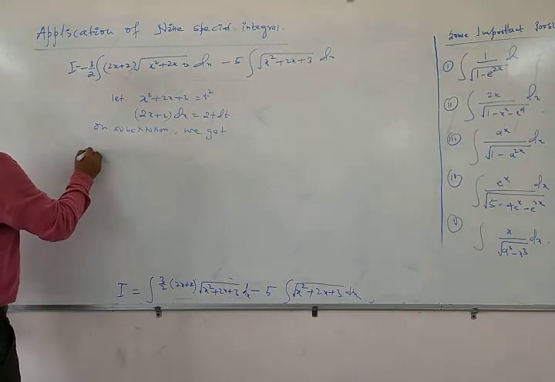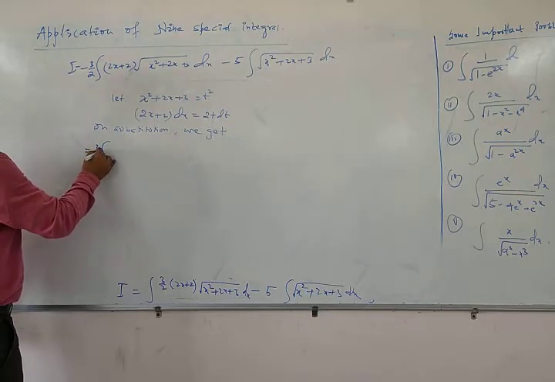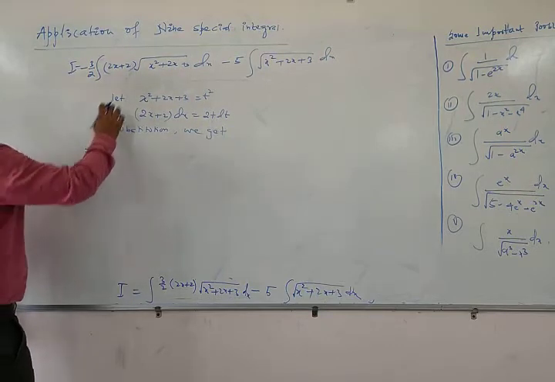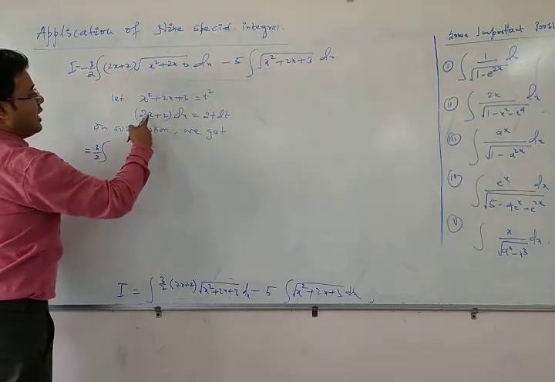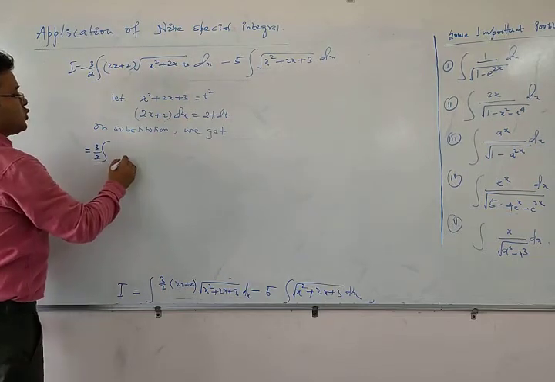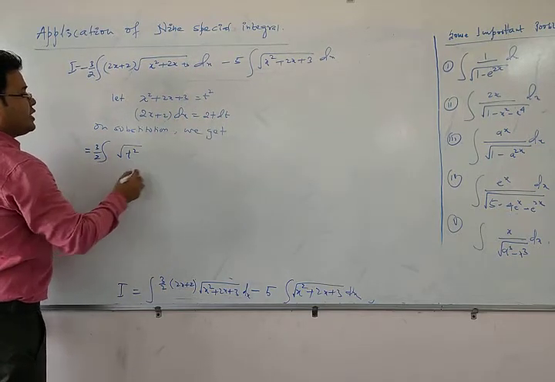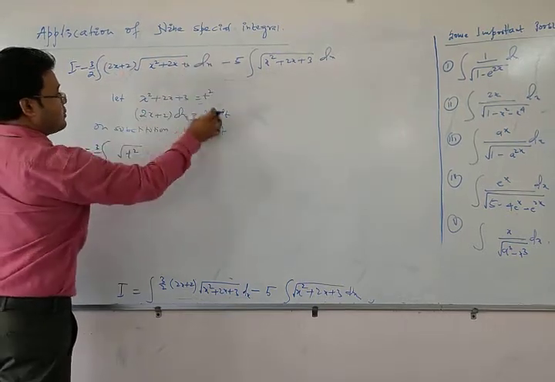This is equal to the integration of 3/2, which is the constant term, so we have to write 3/2 here. In place of this you can write t square, and (2x plus 2) dx you can write 2t dt. So here the square root of t square is t, and the remaining terms become 2t dt.